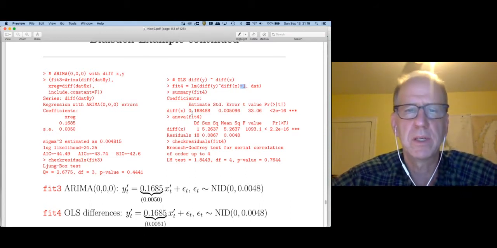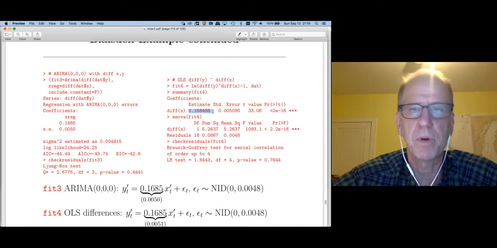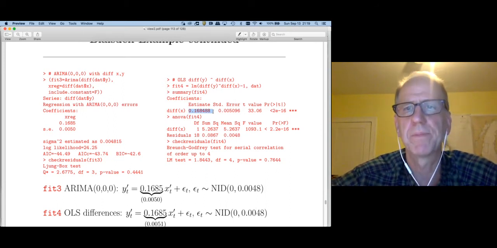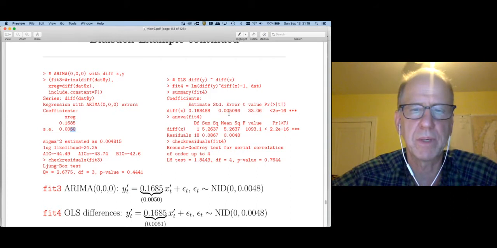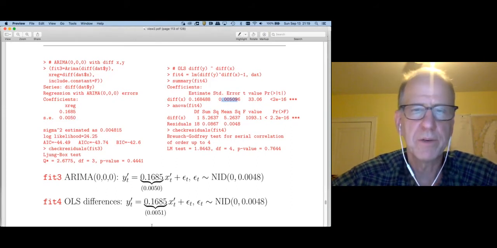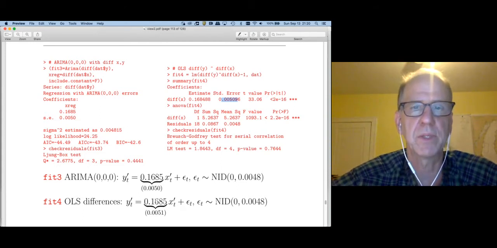And notice we get exactly the same parameter estimate, the same slope estimate, and our standard error is about the same. I'm not quite sure, this may be rounded incorrectly. I would expect them to be exactly equal. Either of those models are correct, and they give the exact same estimates.